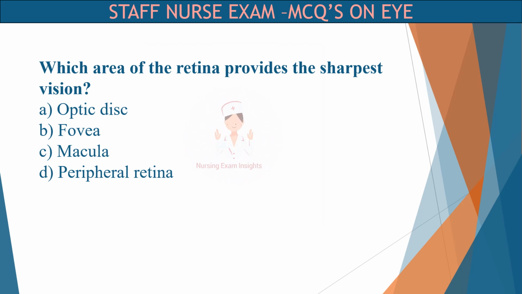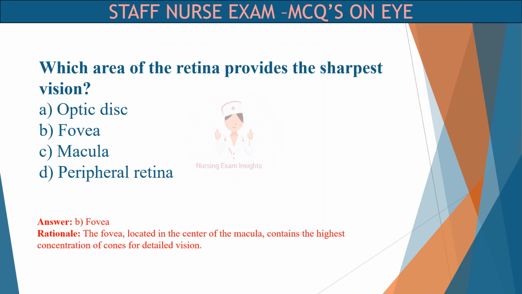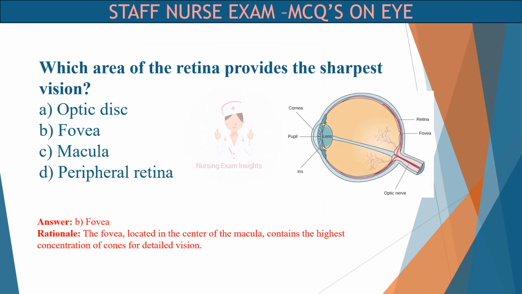Which area of the retina provides the sharpest vision? Options are A. Optic disc, B. Fovea, C. Macula, D. Peripheral retina. The answer is B. Fovea.